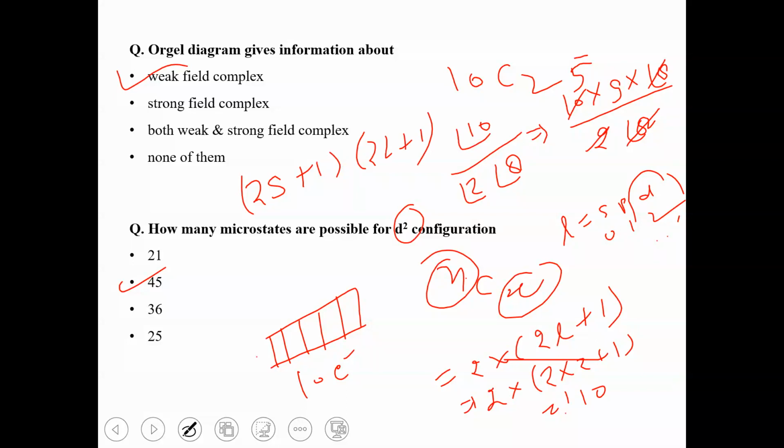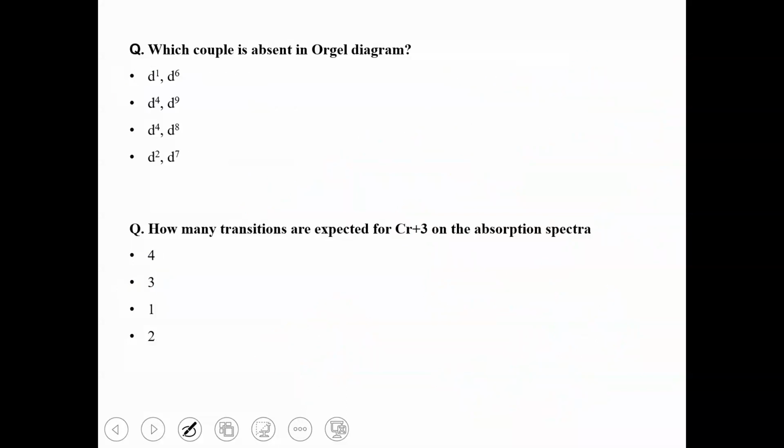I have also corrected it in the PDF of these slides that you are getting. So which couple is absent in the Orgel diagram?